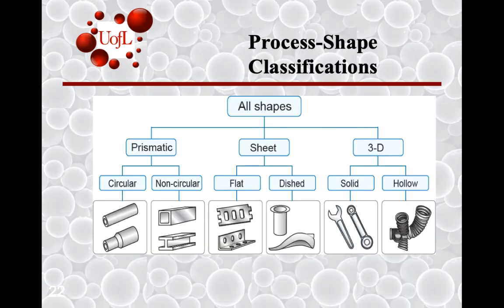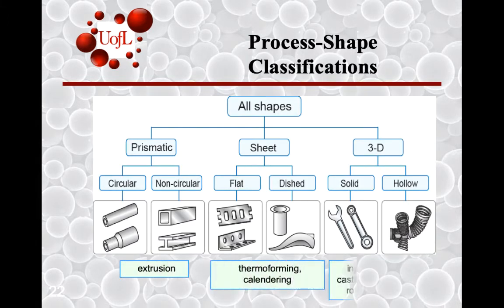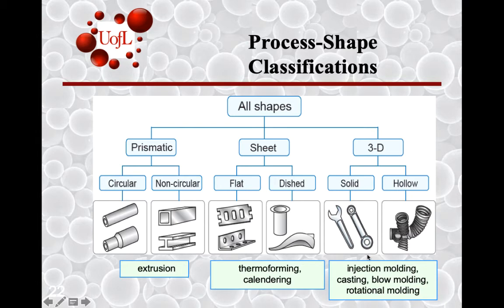Again, then we walk from there into the shape-related restrictions. And for thermoplastics, for instance, here are some kinds of examples compared to the last case for the non-ferrous alloys in terms of what is possible for creating 3D solid objects.